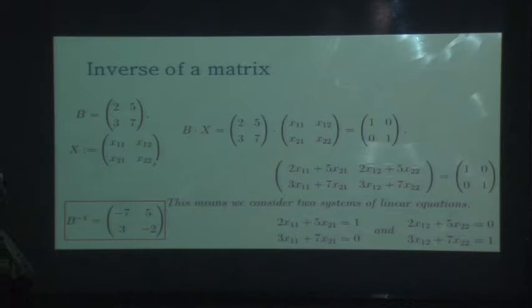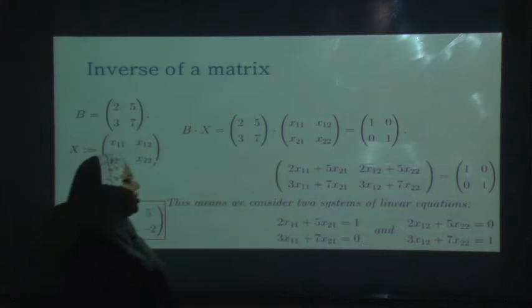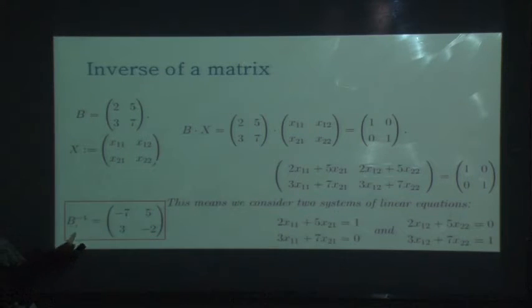After solving these two systems, we get the inverse of B, such that x11 is -7, x12 is 5, x21 is 3, and x22 is -2.